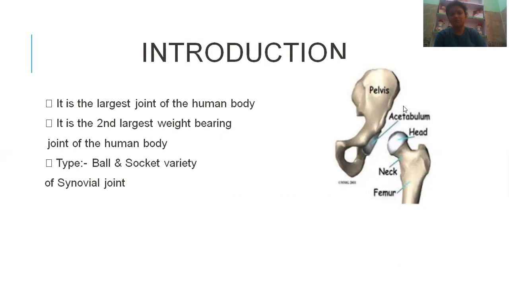It is the largest joint because the acetabulum of the pelvic bone and the head of the femur both articulate with each other, and the head of the femur fits in the acetabulum of the pelvic bone.